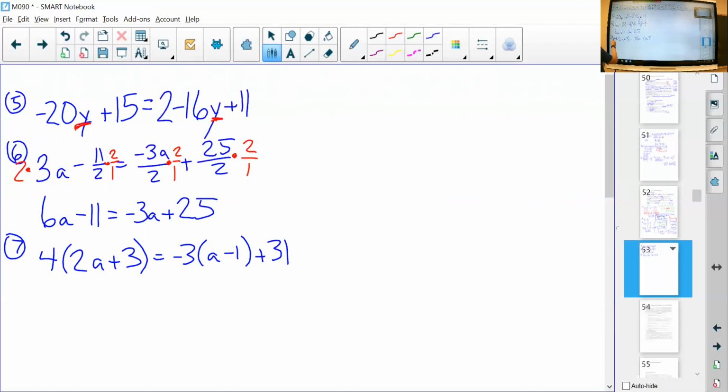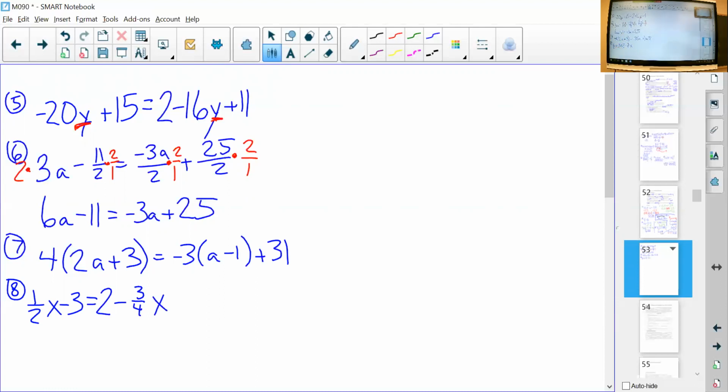Let's distribute the 4 to the 2a and the 3. Distribute the minus 3 to the a and the minus 1. Watch your signs, and then you can start simplifying and combining like terms and so on. As always, feel free to pause and do those now, or do them when you're done with the video.